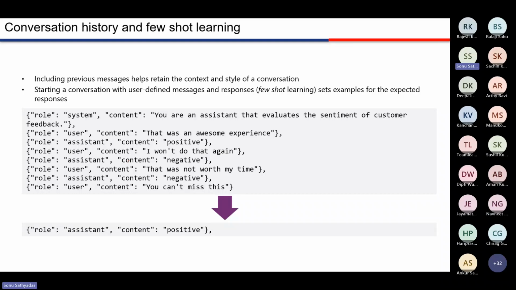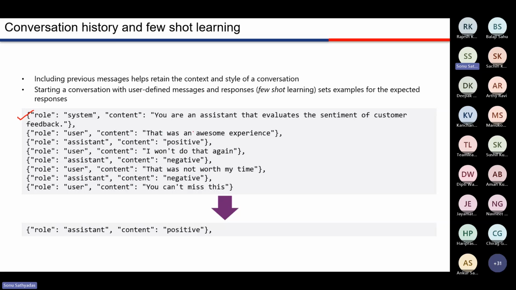Conversation history and few shot learning. Whenever we interact with the AI models, including some examples is very important. Here you can see we are giving a system message, telling the model that you are an assistant that evaluates the sentiments of customer feedback.